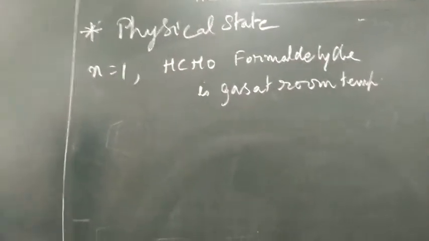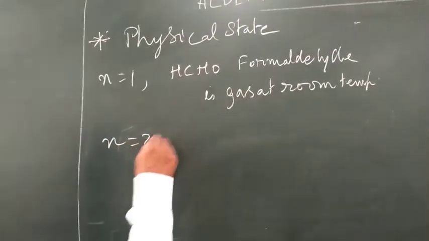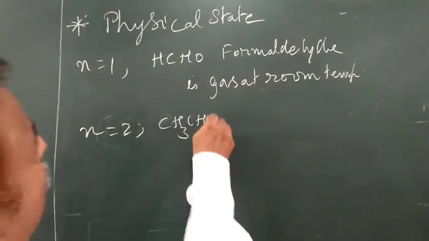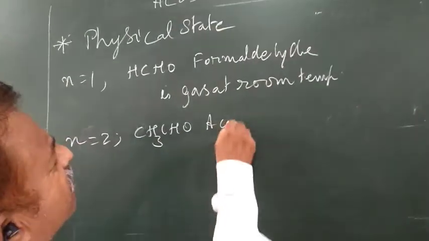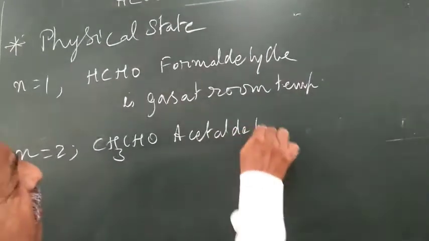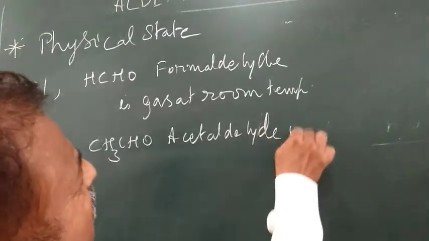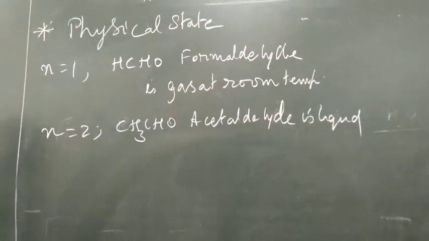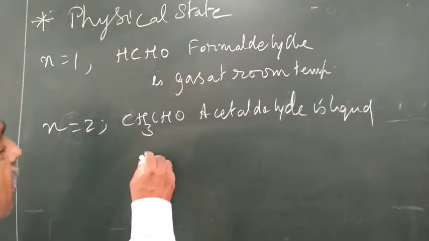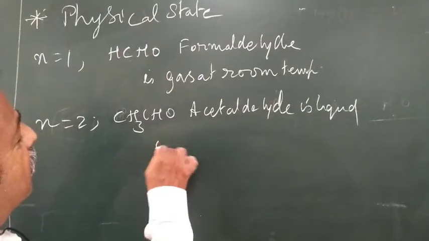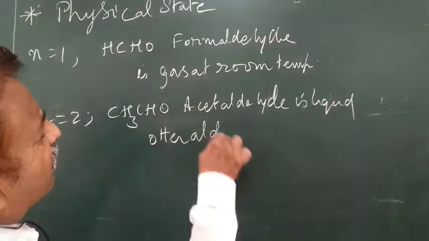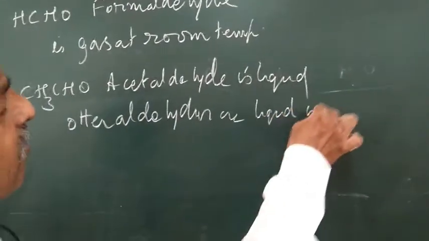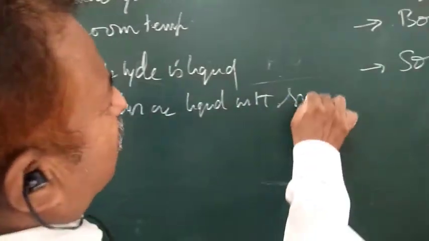And the other aldehydes, n equal to 2, CH3CHO, this is acetaldehyde, is a liquid. And of course the other aldehydes are liquids with a pleasant smell.